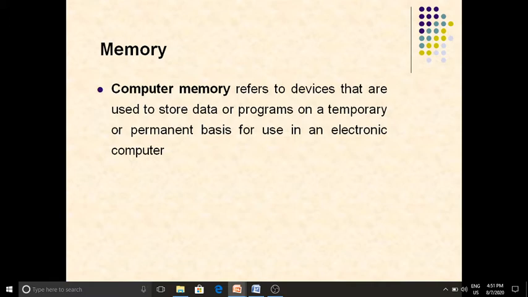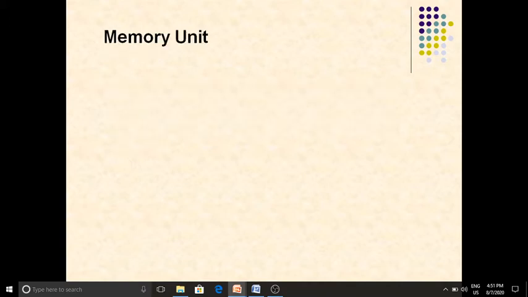The main capability of a computer is memory. Whatever data we enter into the computer will be stored in memory permanently, and we can gather the data whenever we need it. It is a device used to store data or programs on a temporary or permanent basis for use in an electronic computer. So this is one of the important parts of a computer system.